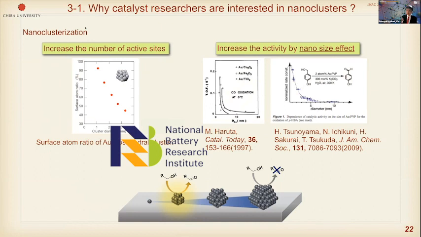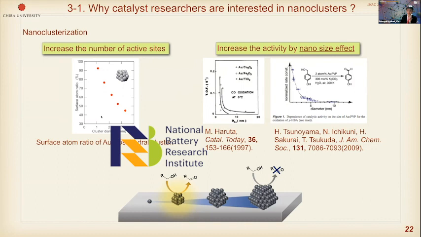As the size of the particle decreases, the surface atom ratio increases, like here. The number of active sites can be higher as the size decreases. Here are icosahedral clusters. If you have 3 nanometer clusters, the surface atom ratio is less than 50%.